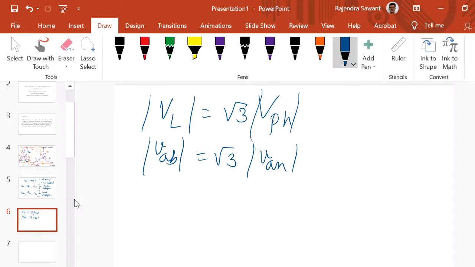And since it is a balanced system, here VAN, VBN, VCN have the same magnitude and a mutual phase difference of 120 degrees. And we have line current and phase current, they are equal. That means they are basically the same.